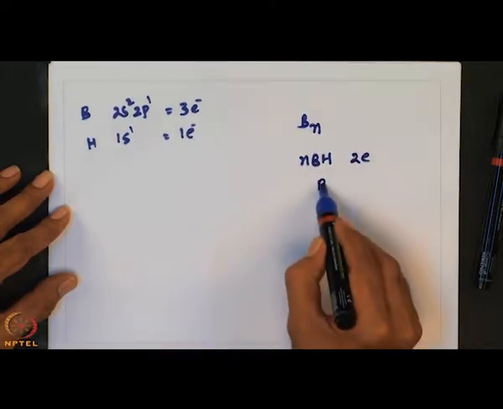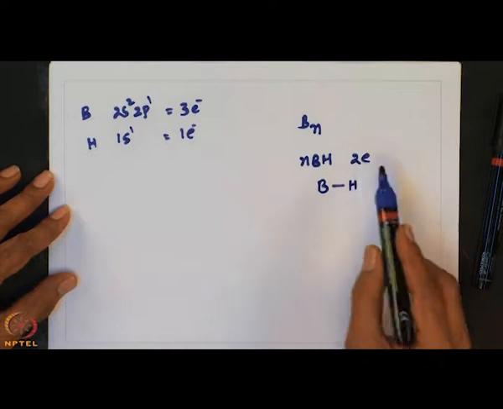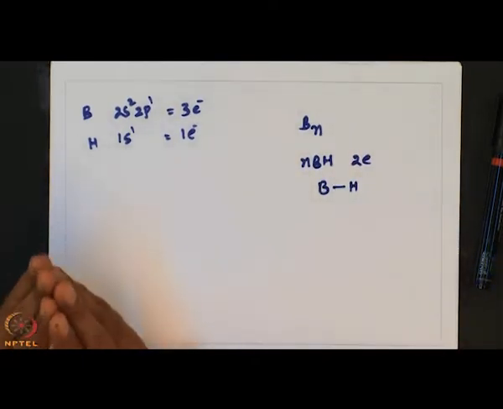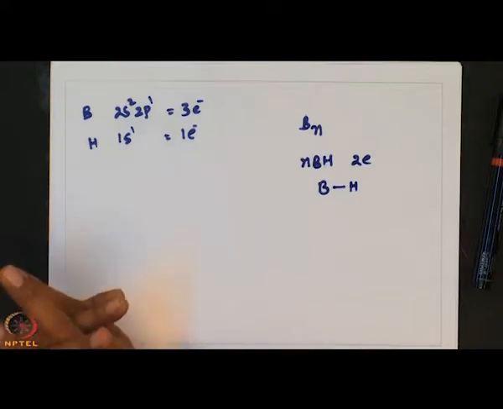So, subtract 2 electrons for each BH unit, or CH unit if it is a carborane. The remaining electrons, if you divide by 2, give a number that is called SEP.